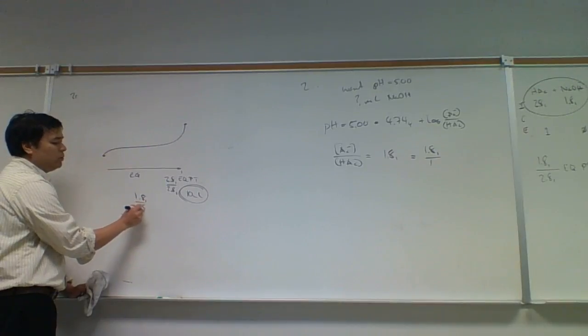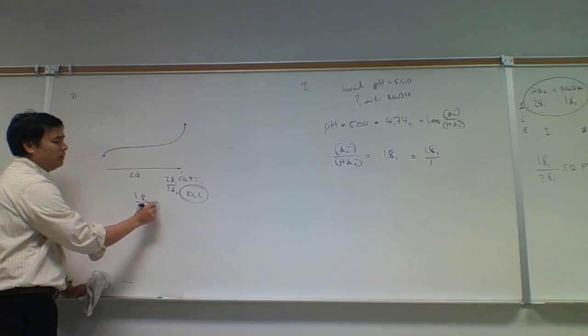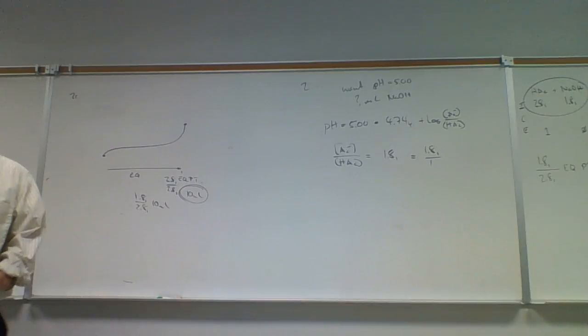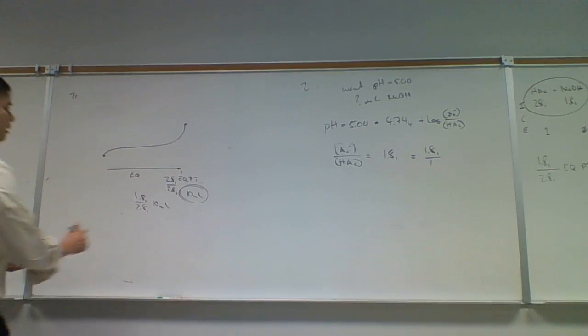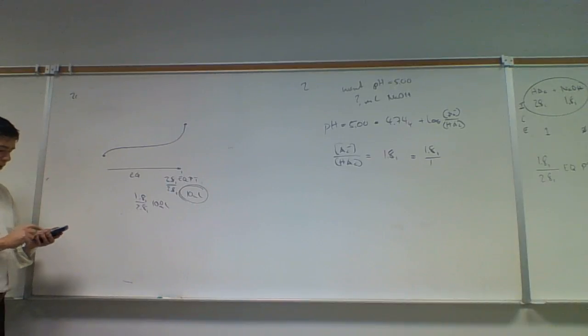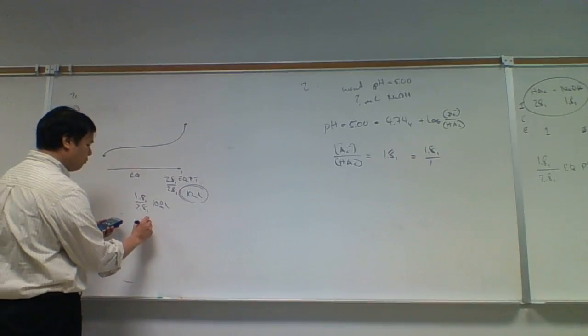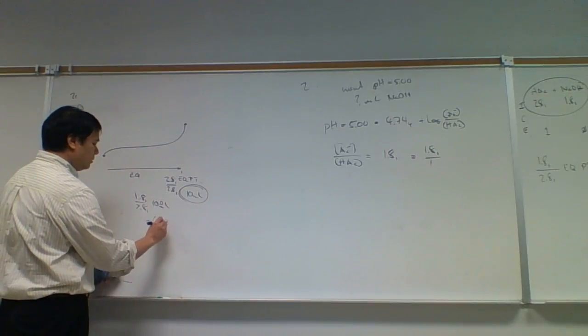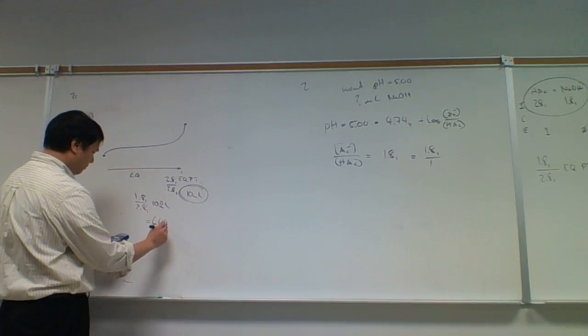So we just take that, multiply it by our 10.0. And so this is going to be 1.81 times 10 divided by 2.81, which gives me 6.44 milliliters. So it's 6.44 milliliters.